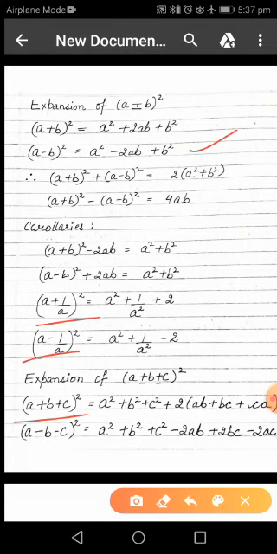In the same identity, if I replace b by minus b and c by minus c, the new expression becomes a minus b minus c. So the expansion of a minus b minus c whole square is equal to a square plus b square plus c square minus 2ab plus 2bc minus 2ca.